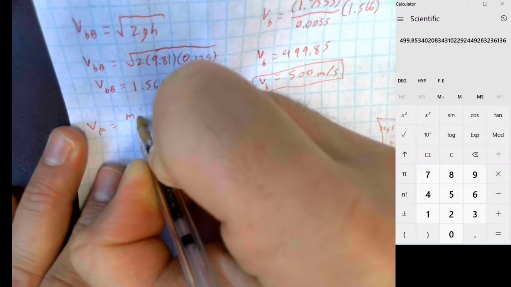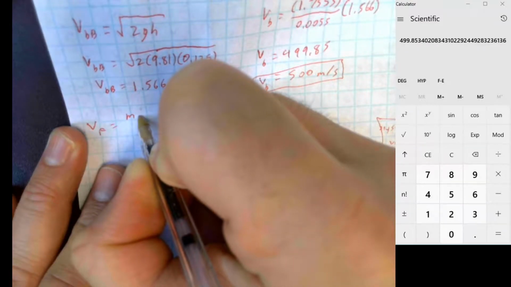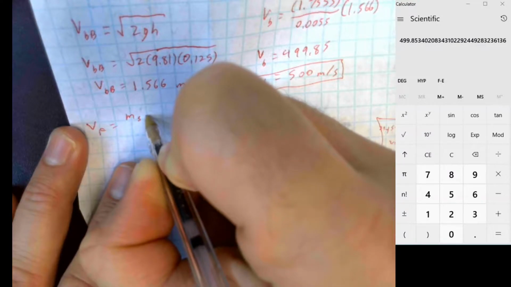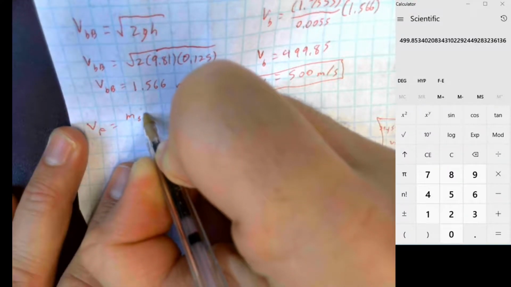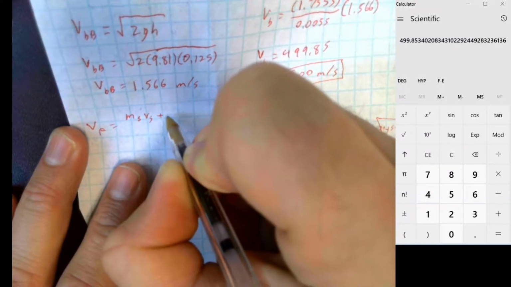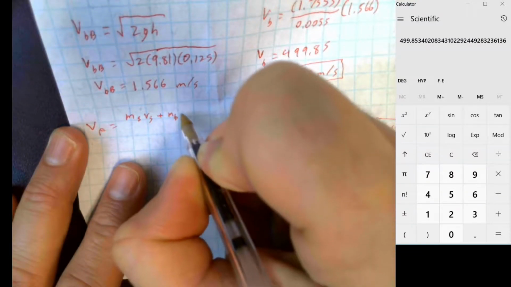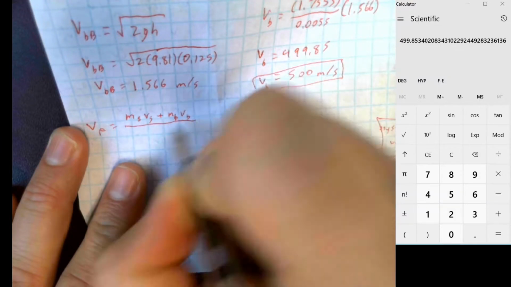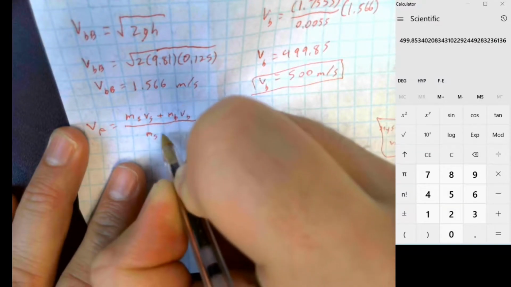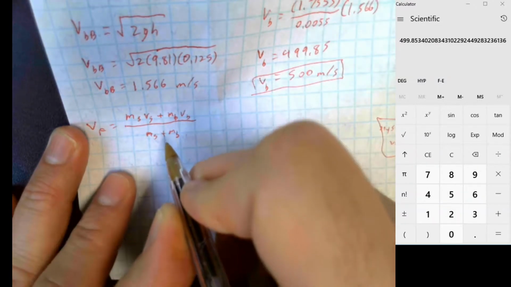I think these were labeled as SB and LB, I'll just say small block and large block, so I'll just make it MS.